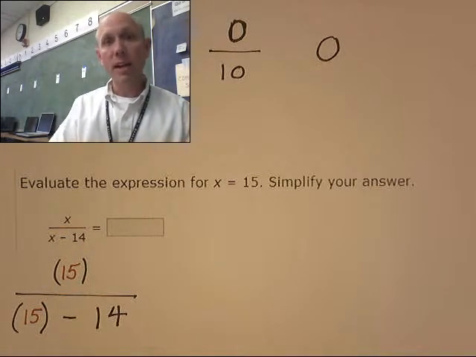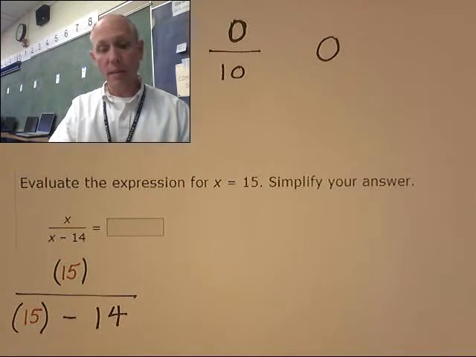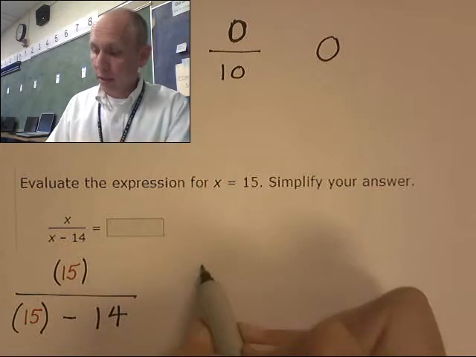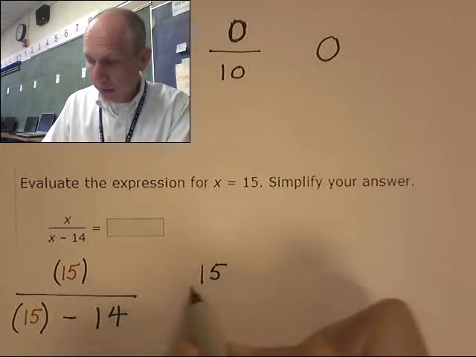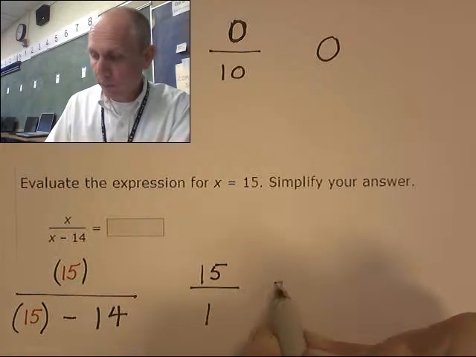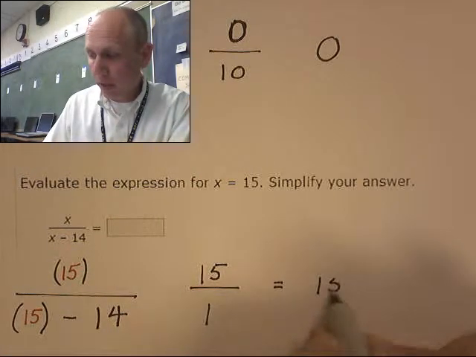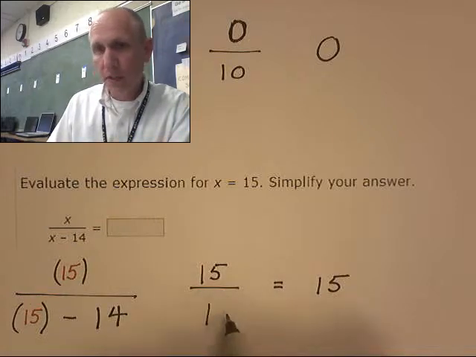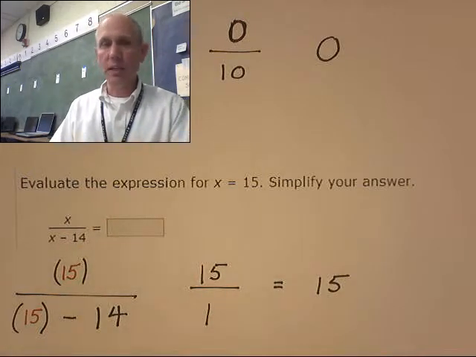I will simplify the numerator and the denominator. This is 15. 15 minus 14 is 1. So this is 15 divided by 1 is 15.